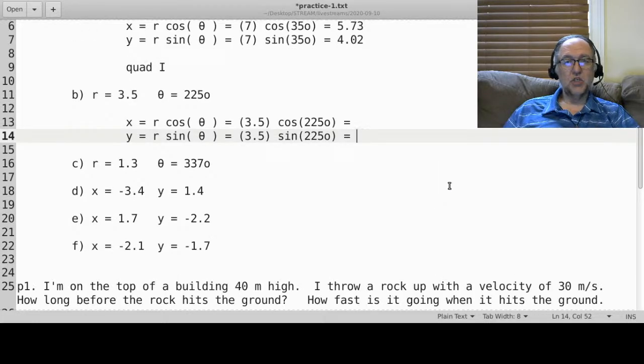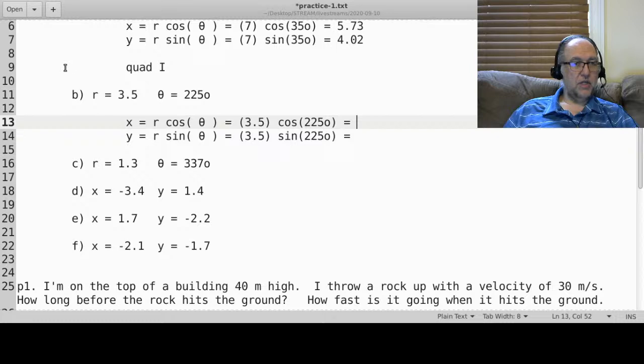Again, make sure that you know how to do that on your calculator, and not to waste your time. I did this before, and you just punch in the number, and you get this value here. Let me round that off like that. You get negative 0.47 for your x value and negative 0.47 for your y value.